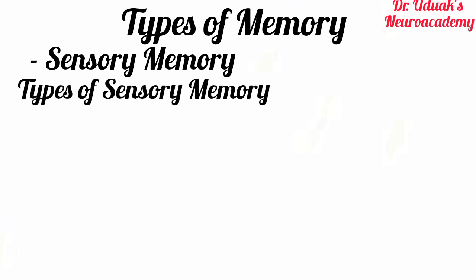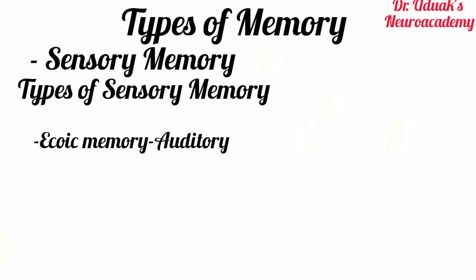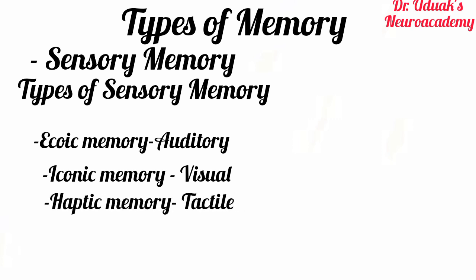It is usually divided into three. We have the echoic memory, which is responsible for retrieving auditory information, iconic memory, which is responsible for retrieving visual information, and haptic memory, which is responsible for retrieving tactile information.